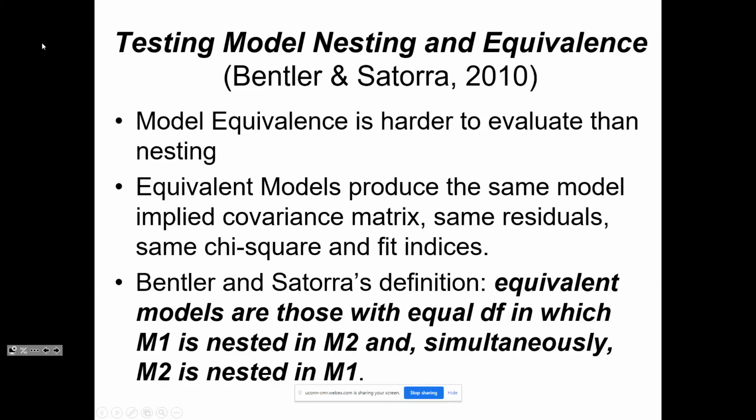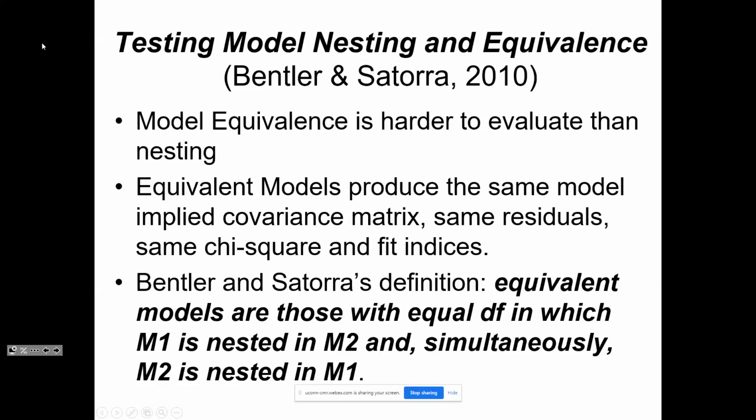And so when they say that equivalent models are those with equal DF in which model 1 is nested in model 2 and model 2 is nested in model 1, that's really what they mean. If I pretended they were nested models, right? There's not going to be a chi-square change, and there's not going to be a degrees of freedom change.